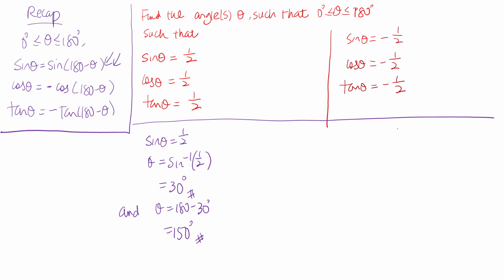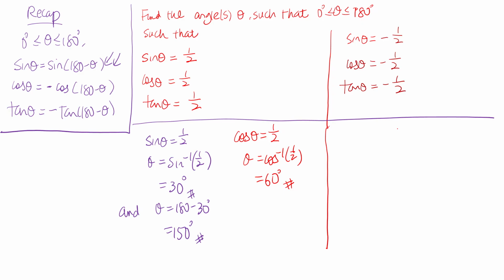Okay. However, for cosine, it's a different story, right? If you recall, to get a positive ratio for cosine theta, it can only happen in the first quadrant. So as a result, for cosine theta equals half, there's only one possible angle, and that is 60 degrees. That's it.